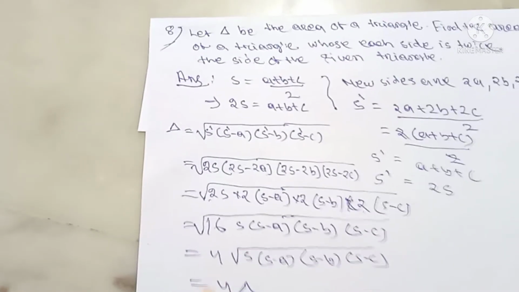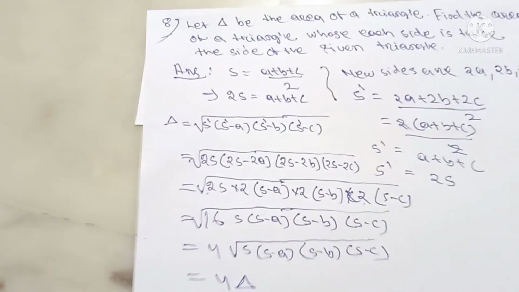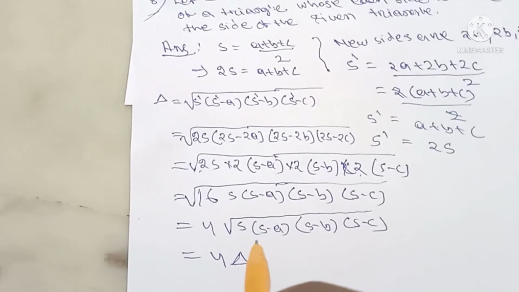So area of a new triangle is 4 times the area of the given triangle.